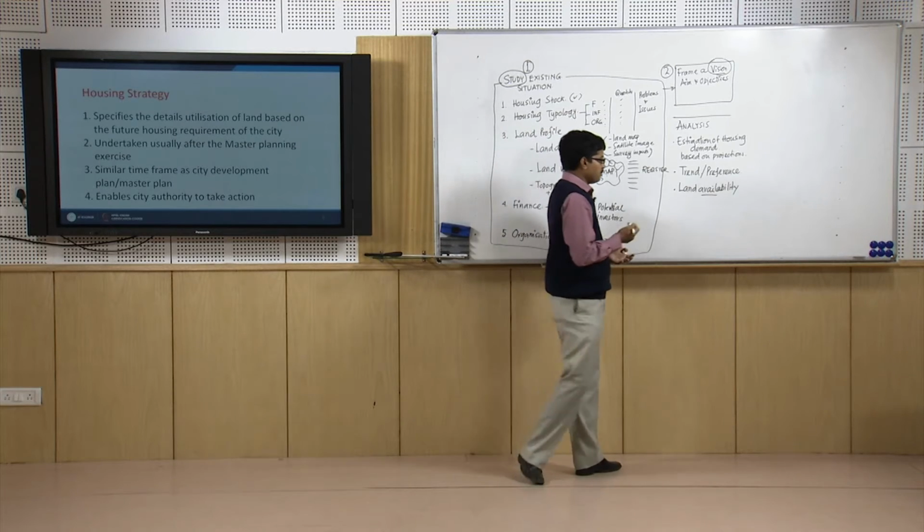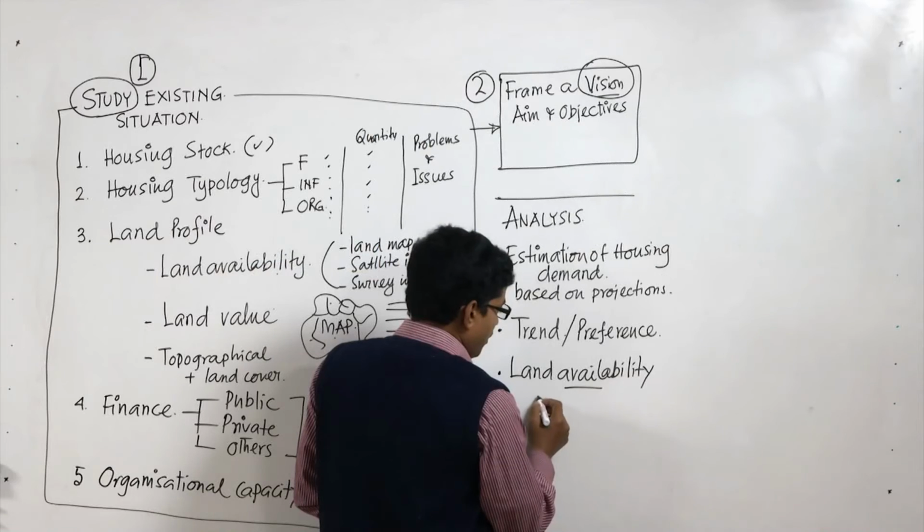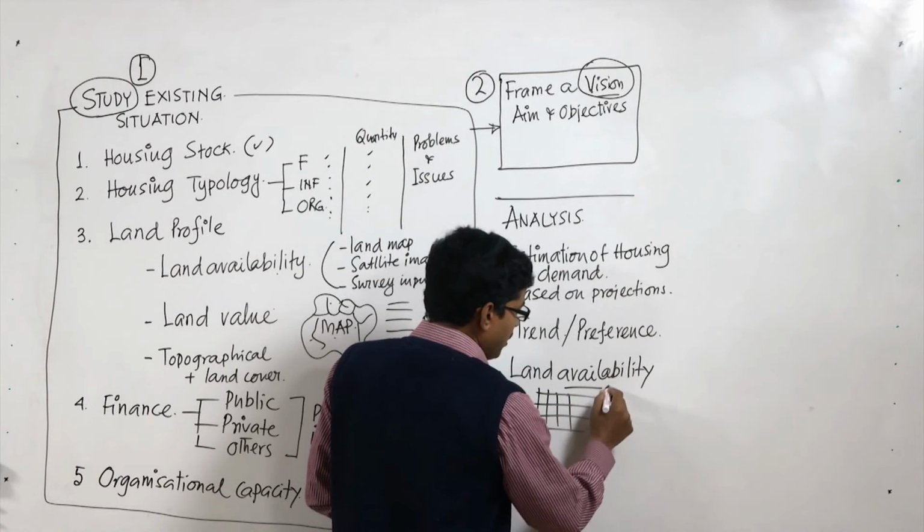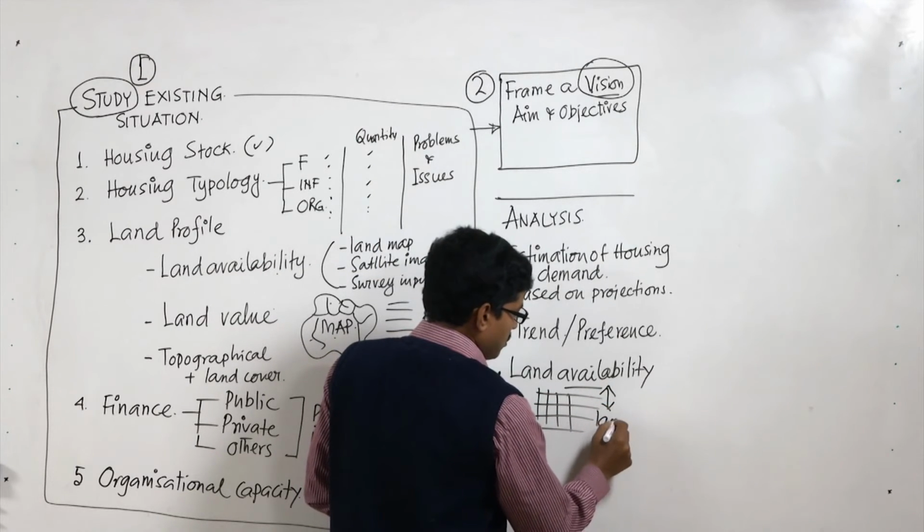Similarly, following that we can make a matrix of land availability and land value.